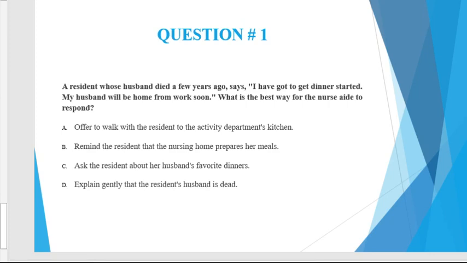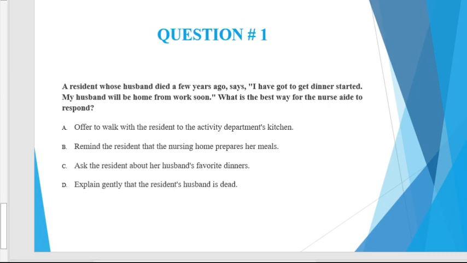Remember what we said earlier, therapeutic communication. You want that person to talk about the husband or the dinner. Encourage the person to voice out their concerns, what is bothering them. And in this question, it is about the husband and the dinner.